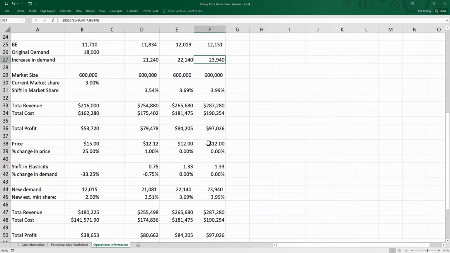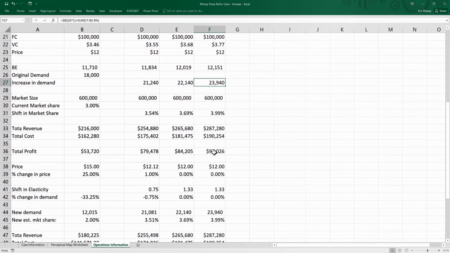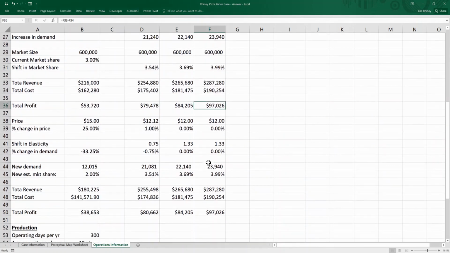Of course, you want to make sure that you can support whatever your assumptions are in your analyses. All right. So based on that, we have a new demand if we do the cheese and the sauce, and we can see what our profitability is here compared to the rest of these. And again, we could do the same analyses.